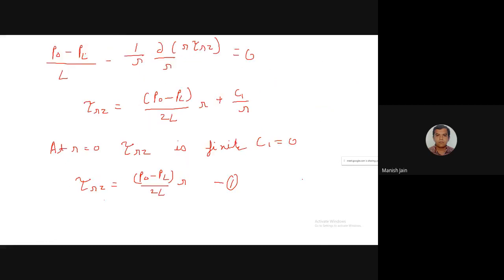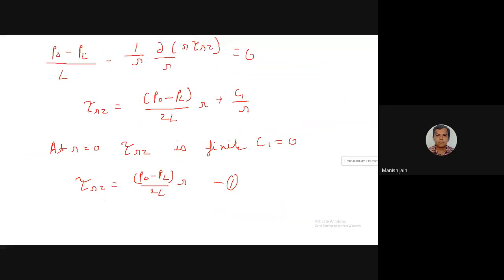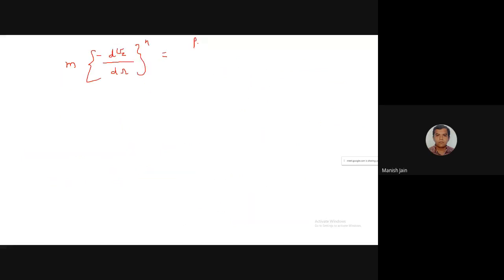Substitute this value in the original equation, you will get m times minus dvz by dr to the power n equal to (P naught minus PL) divided by 2L times r.